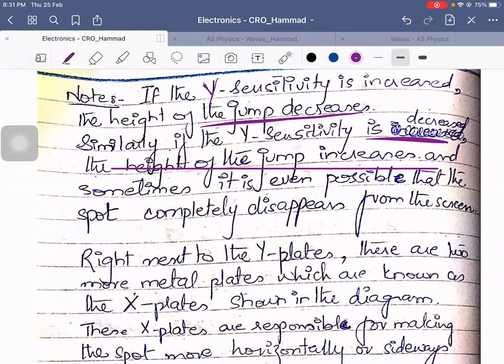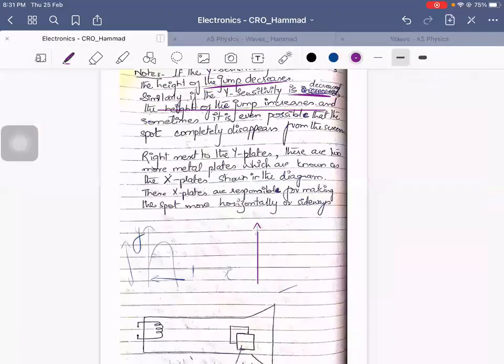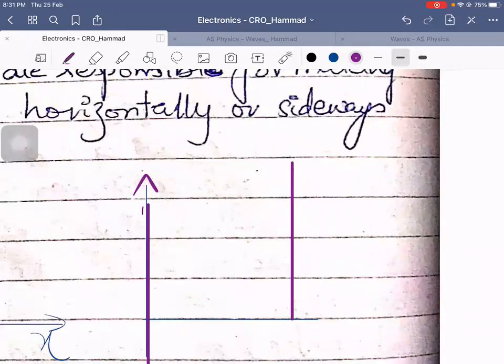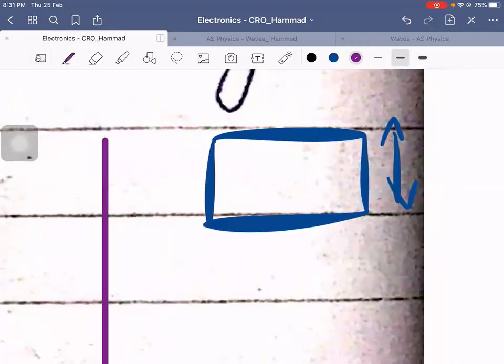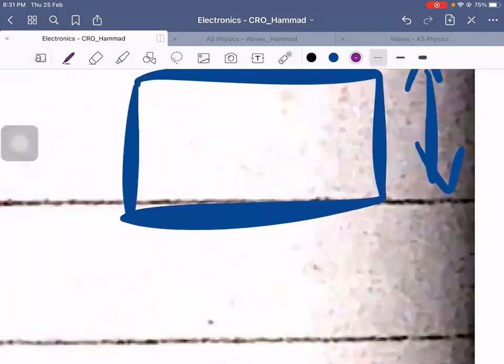You might not even see a spot on the screen, because 100 volts per centimeter would simply mean that if this is a 100 volt per centimeter box, a minute part of it would represent 1 volt.